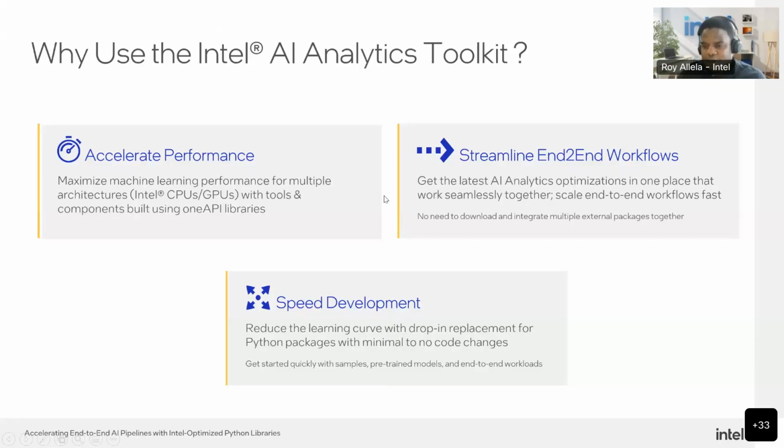The other main benefit is it streamlines your end-to-end workflows. It's a one-stop shop for all the AI software that you need to develop your workloads for all stages of your pipeline, from data processing, training, and inference, and all this plays well together, and you don't need to integrate multiple packages from different sources, which is a headache and is a huge pain point when working with Python packages. So it's a one-stop shop where you get all the packages that you need to develop your AI workloads.